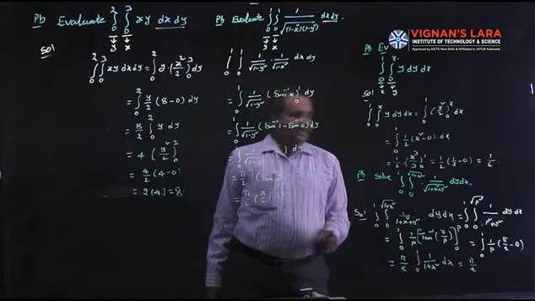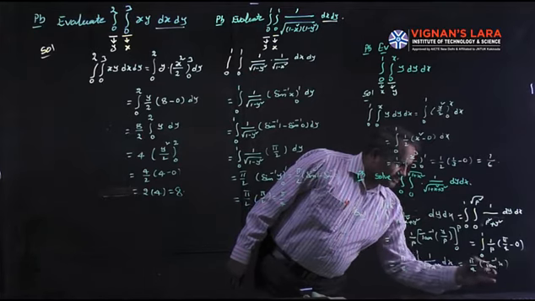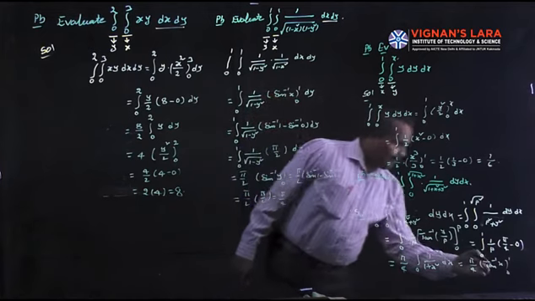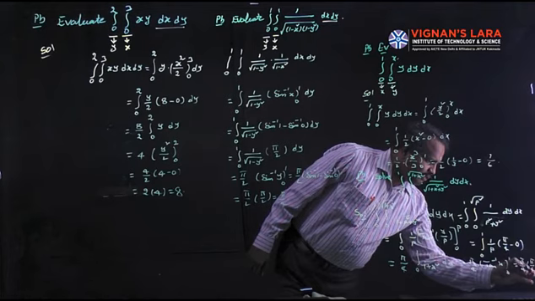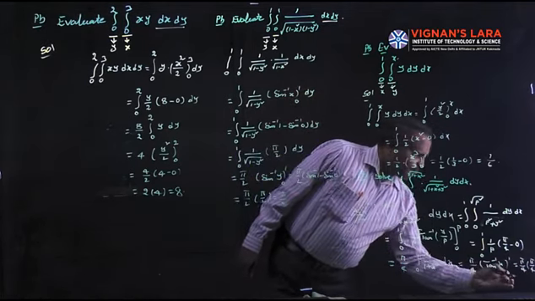This is equal to pi by 4 into the integration of 1 by 1 plus x square, which is tan inverse x, with limits 0 to 1. When does tan become 1? Pi by 4. So the upper limit is pi by 4 and the lower limit is 0. So pi by 4 into pi by 4 gives pi square by 16.